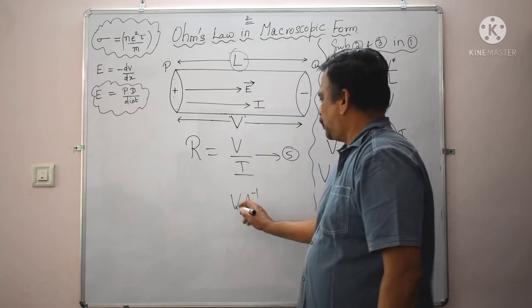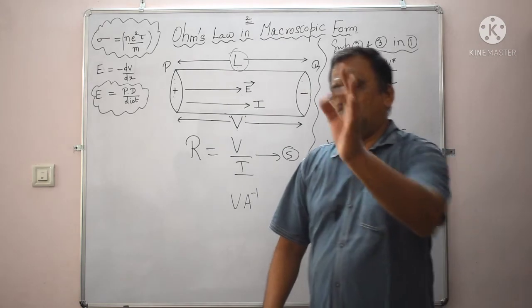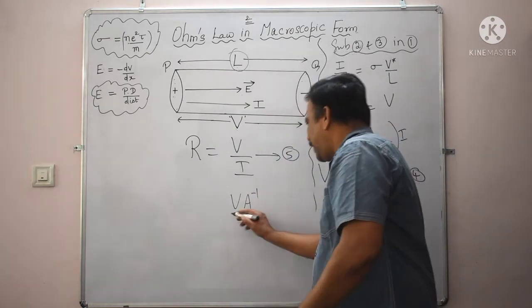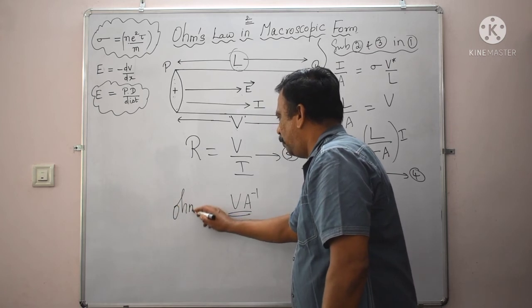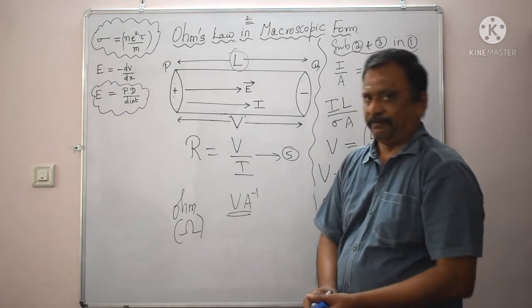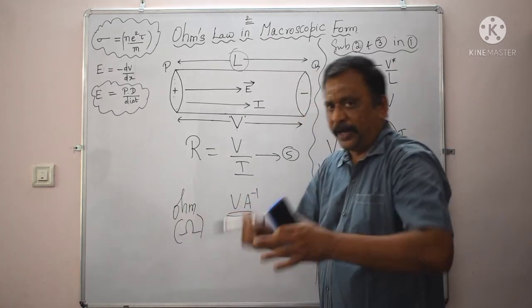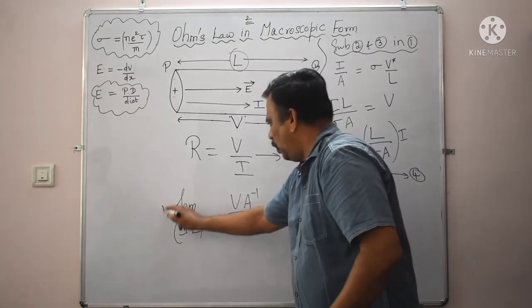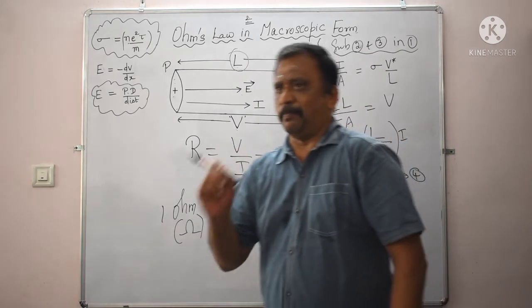So the unit of resistance has to be volt ampere to the power minus 1. But we are not going to use it. Instead of volt ampere power minus 1, we will be using the unit called ohm. This is the symbol for ohm. This letter is called omega. The Greek letter omega is used as the symbol for the unit ohm. Now 1 ohm will be equal to 1 volt per ampere.